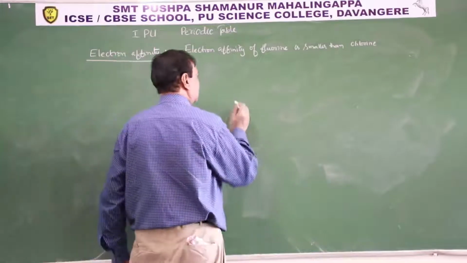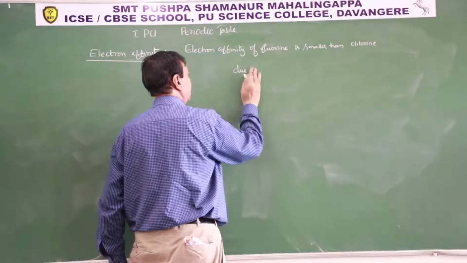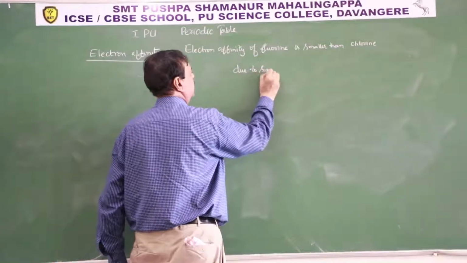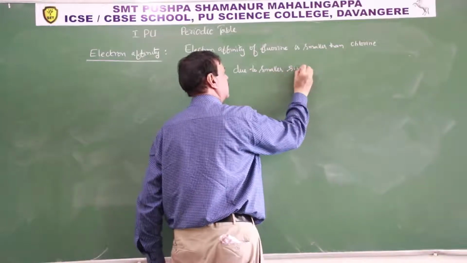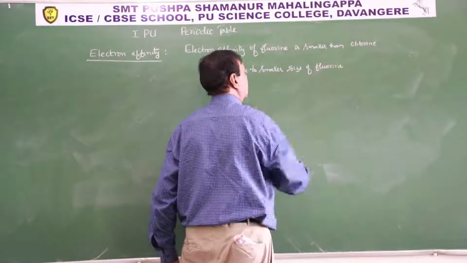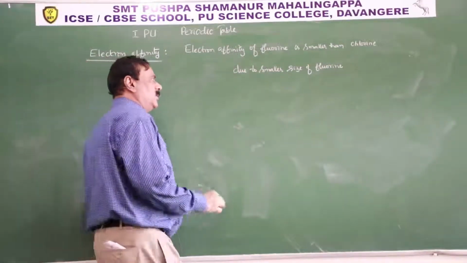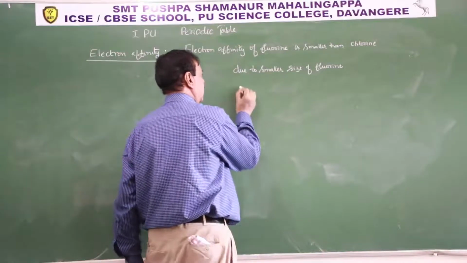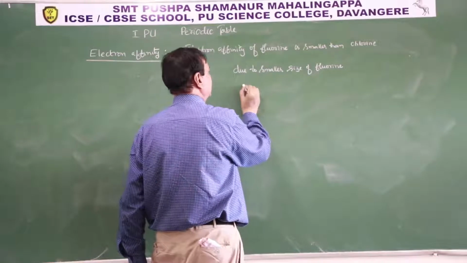Reason: due to the smaller size of fluorine, there are repulsive forces between the added electron and the existing electrons.